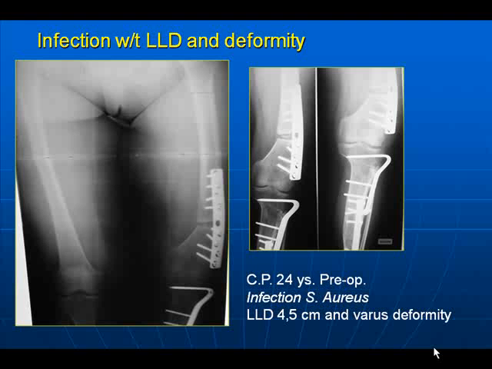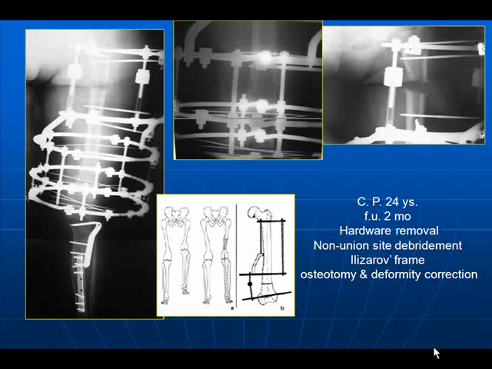This case, another case, young female with infected non-union and varus deformity with 4.5 centimeter shortening, treated with hardware removal, non-union site debridement, and application of Ilizarov frame.